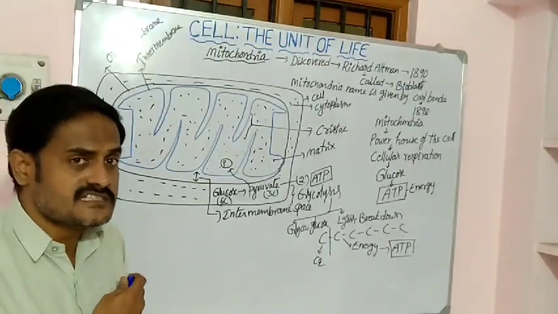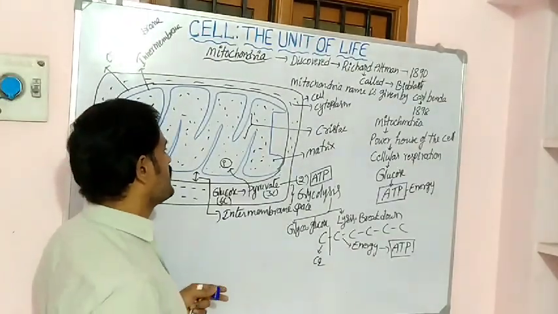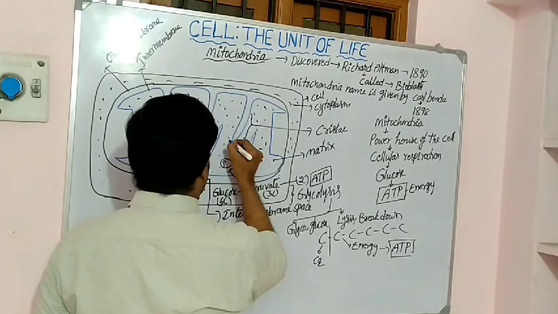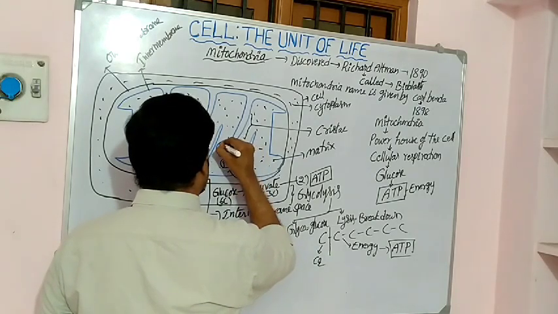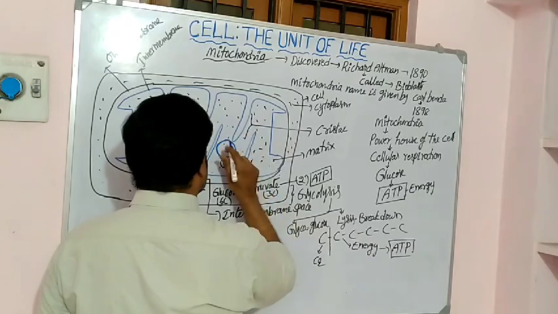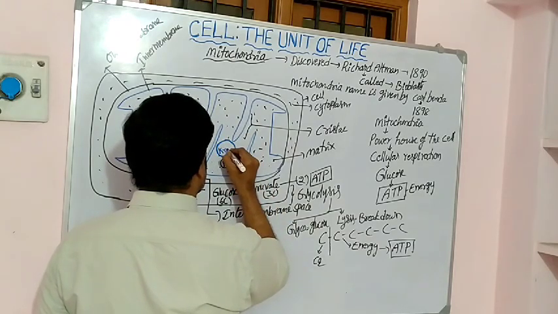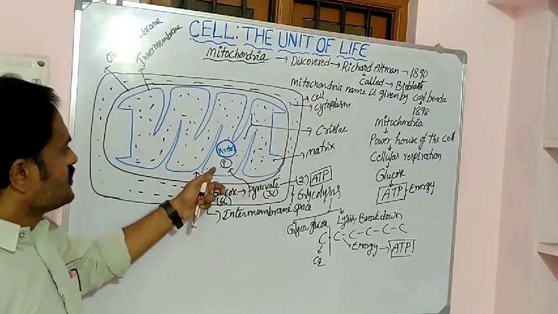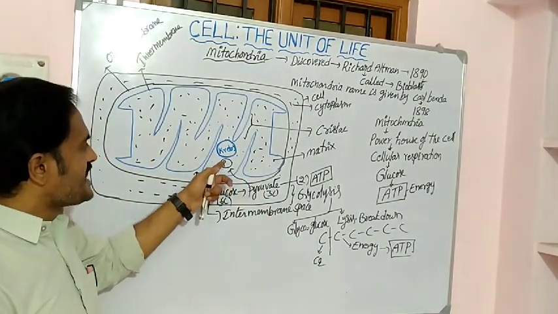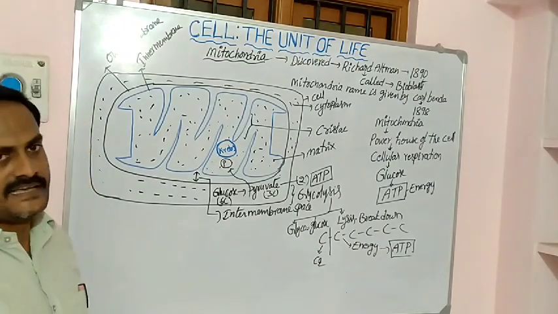Then it participates in one important cycle. What is the name of the cycle? Here, the Krebs cycle. So this cycle name is called what? Krebs. So the pyruvate enters into the Krebs cycle.